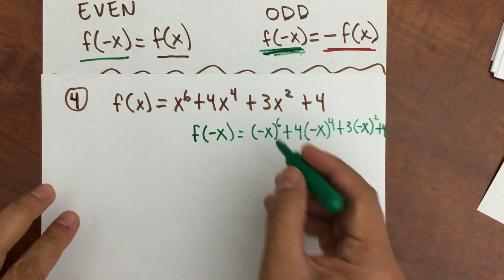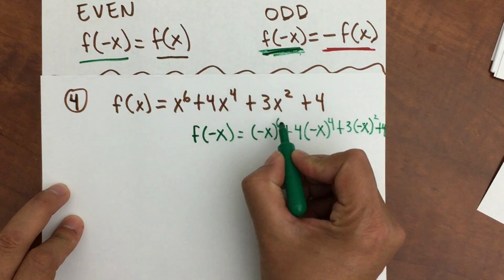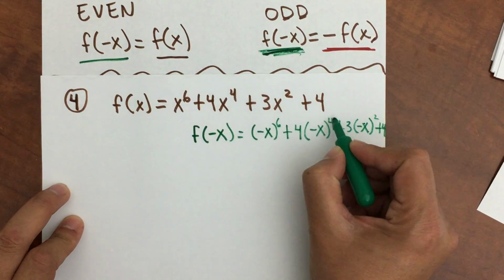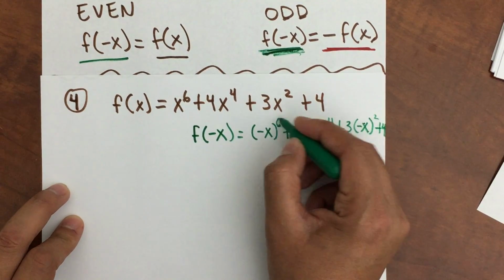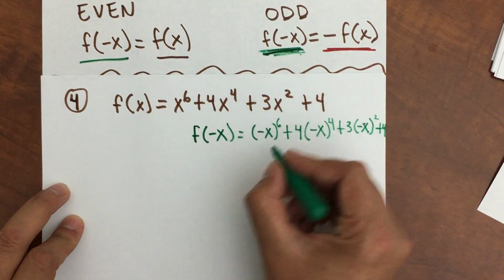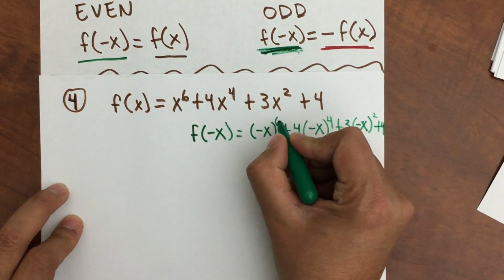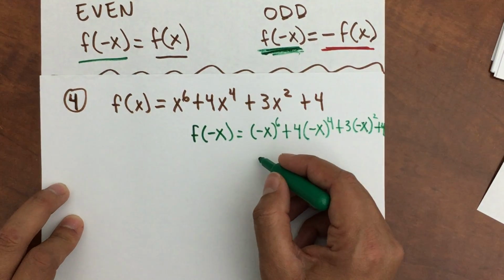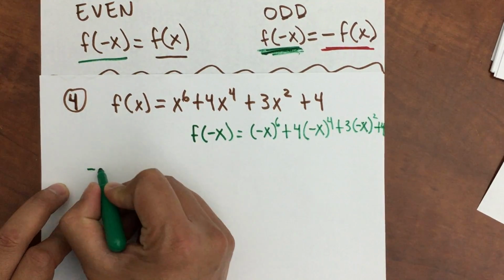For the next step, you need to understand something that you learned in Module G: whenever the base is negative and the exponent is even, the answer will be positive. But if the exponent was odd, like a 5 or a 3, then the answer will be negative. Let me show you why.